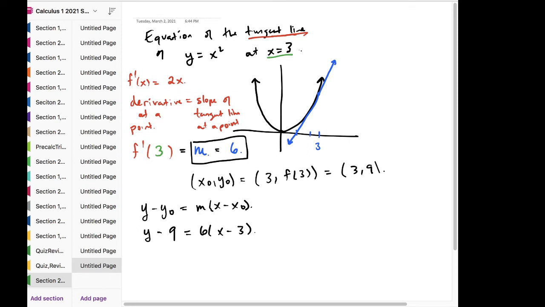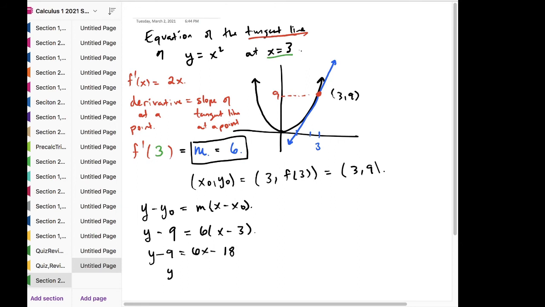Questions so far? Okay, so let's put this into slope-intercept form. 6x minus 18.